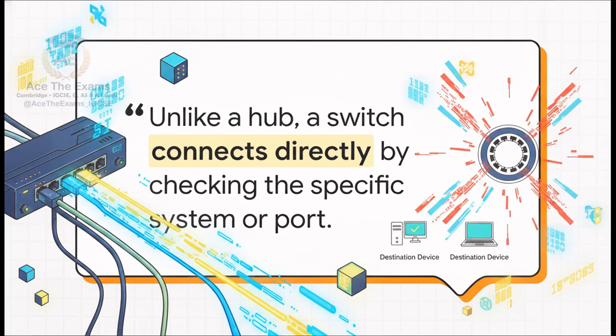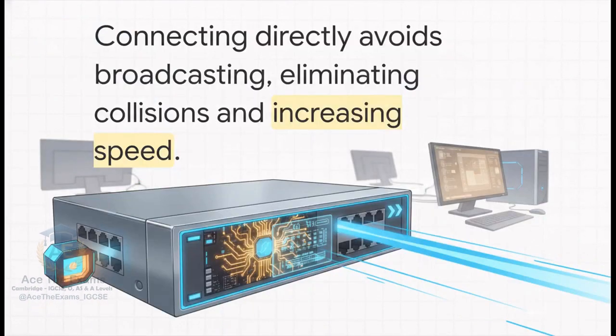It essentially creates a temporary, super fast point-to-point connection. And if we keep following our framework, we then have to state the direct consequence of that mechanism. Because the switch checks the port and connects directly, it entirely avoids broadcasting. And by avoiding broadcasting, it completely eliminates all those messy collisions and network congestion. So the measurable, highly testable advantage here is that a switch dramatically increases the overall speed and efficiency of the network when compared to a hub.